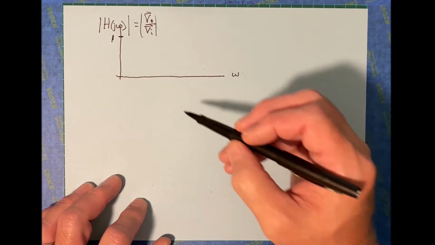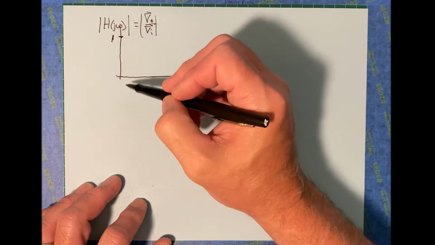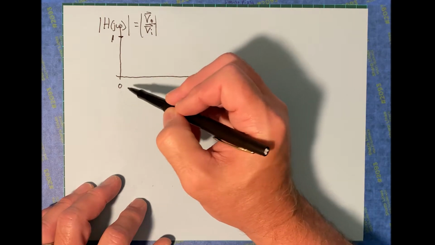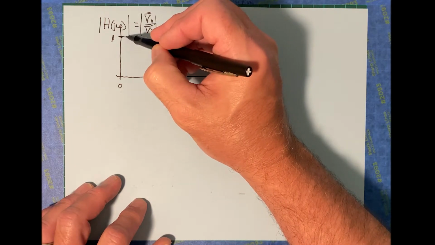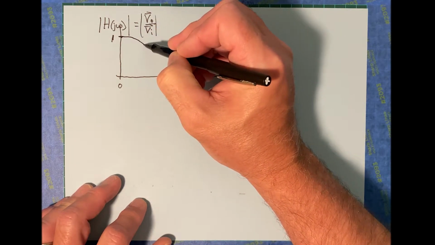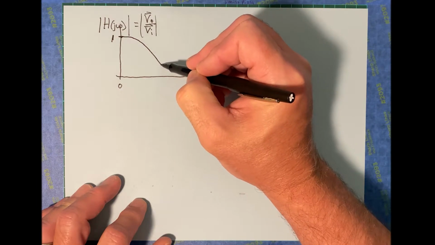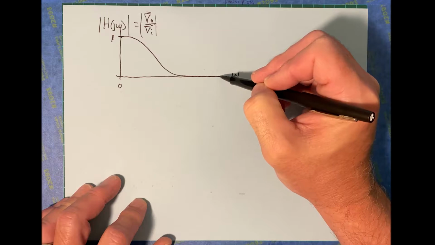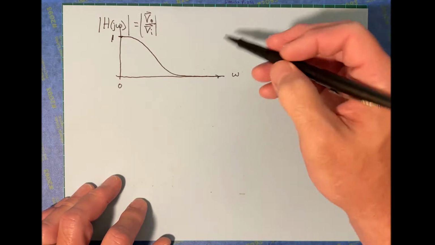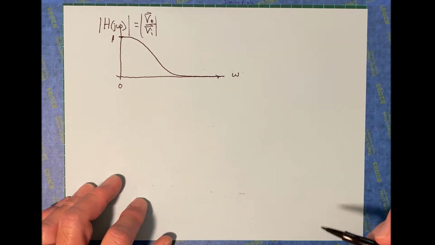Okay? And then over time, as we plug in different frequencies, so this is 0 here, 0 frequency, but as we plug in different frequencies, we're going to get something that looks roughly like that. And it's going to reach 0 here in the limit.